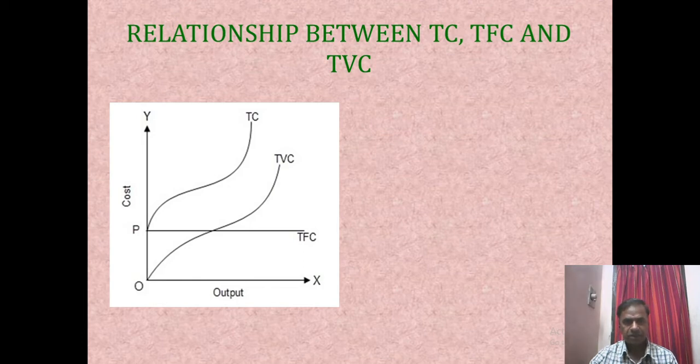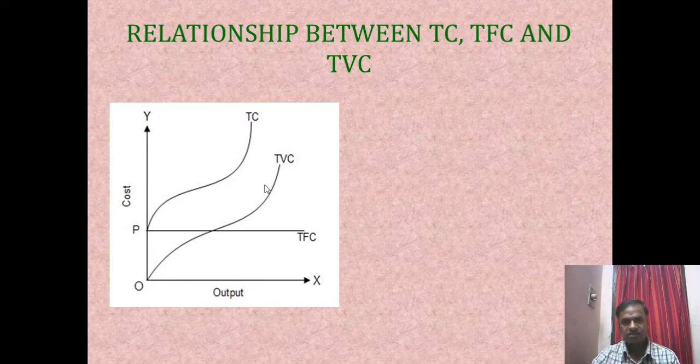That's why the origin of the TC curve and the TFC curve is just above the origin, that is at P. TC curve starts from there, TFC also starts from there. So at 0 level of output, TFC is equal to TC, and TVC will be 0 when the level of output is 0.